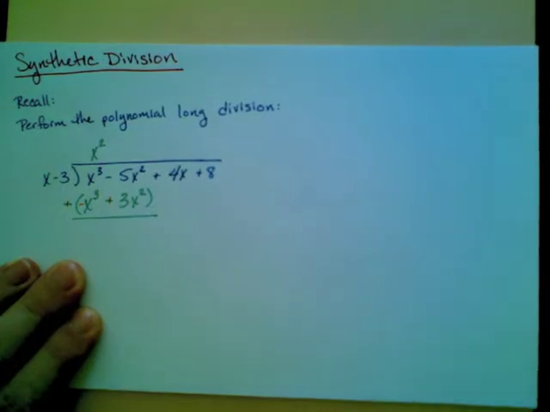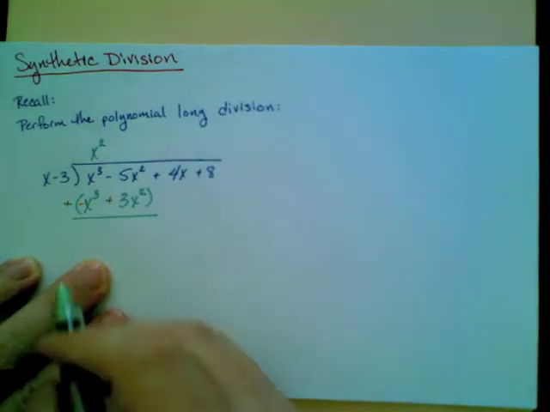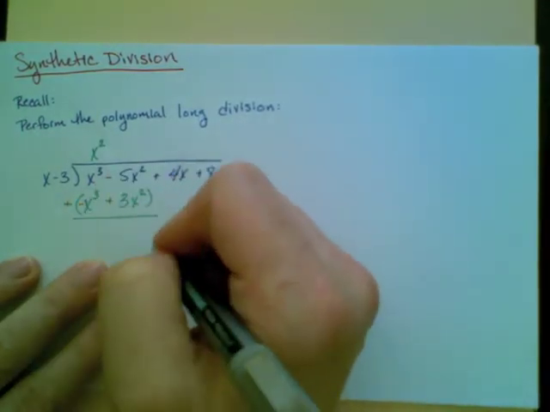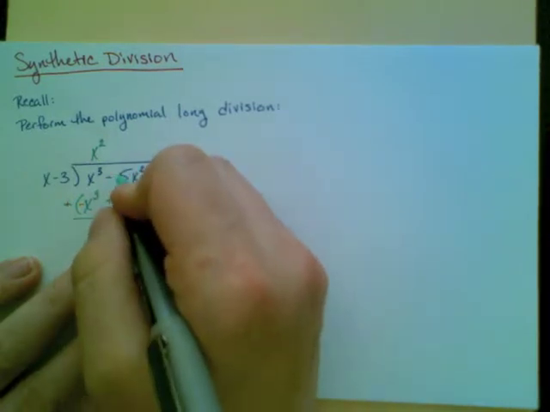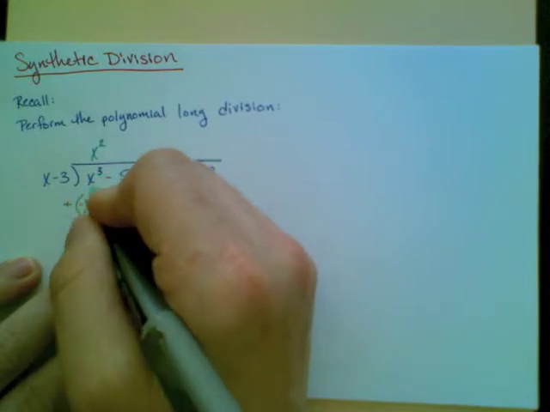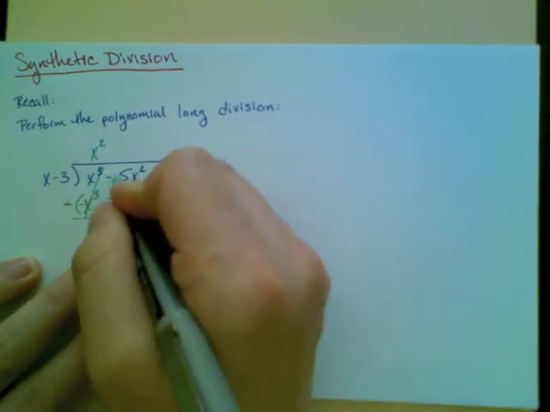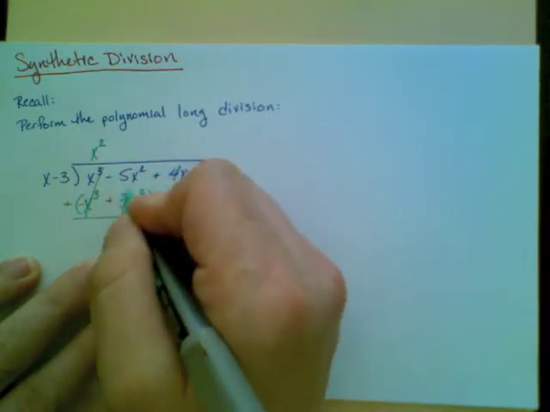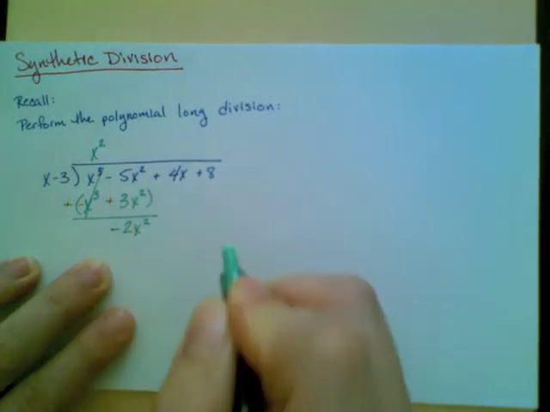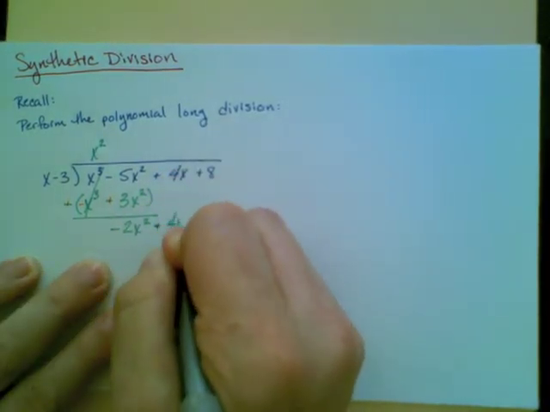I did that in a different color because I do want to emphasize that we are subtracting and distributing. That distributing is a separate step. Now I'm going to actually combine my like terms here. So the x cubed minus the x cubed will go away. Negative 5x squared plus 3x squared is negative 2x squared. And then I'm going to bring down my next term.